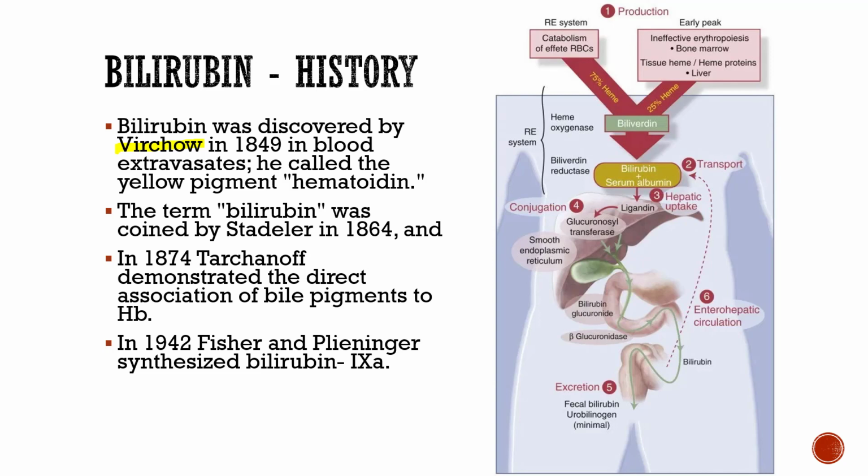The term bilirubin was coined by Staedeler in 1864, and in 1874 Tarchanoff demonstrated the direct association of bile pigment to the hemoglobin. In 1942 Fischer and Plieninger synthesized bilirubin in crystalline form.